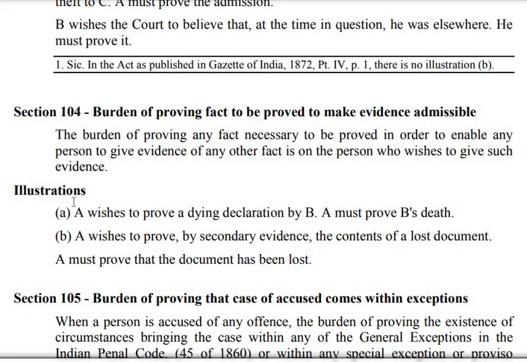Illustration देख लेते हैं। A wishes to prove a dying declaration by B. अब डाइंग डिक्लेरेशन तो तभी रेलिवेंट होगा जब डाइंग डिक्लेरेशन करने वाला मर गया हो। Suppose B makes a dying declaration and B thereafter does not die, then how is it a dying declaration?